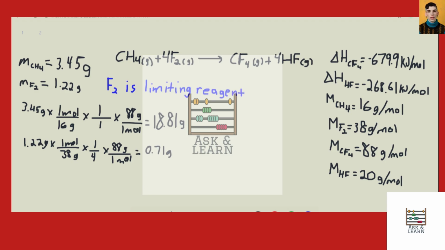The way to figure out how much heat evolved is to use these ratios to figure out how much of our CH4 was involved in the reaction. So we do 1.22 times 1 over 38 times the molar ratio, 1 CH4 over 4 F, to get the moles of CH4 that reacted.